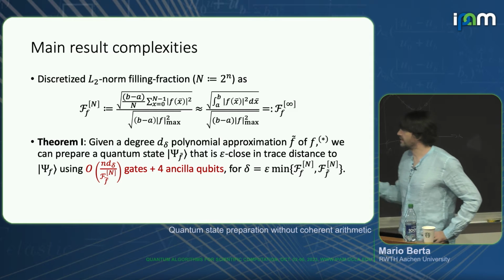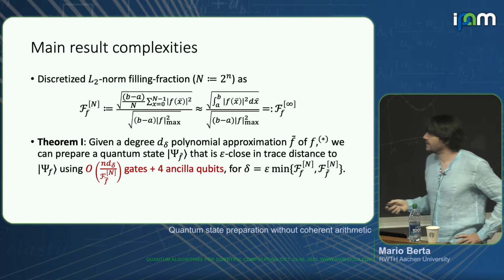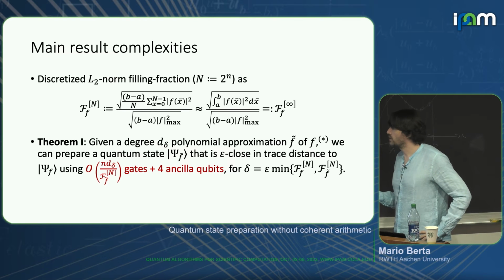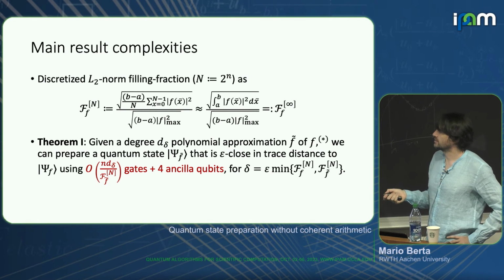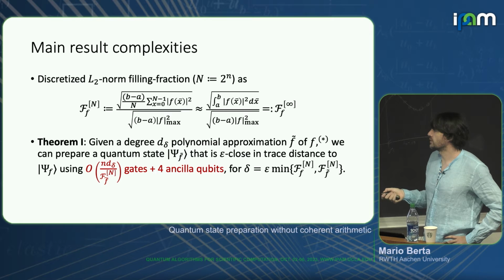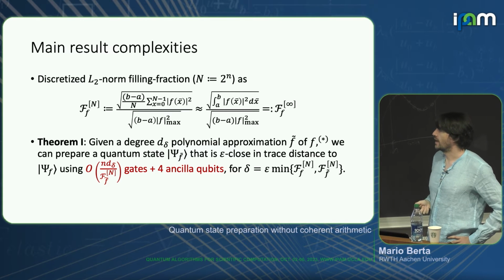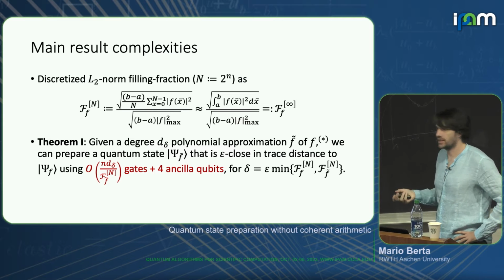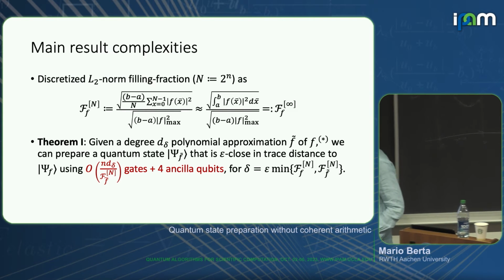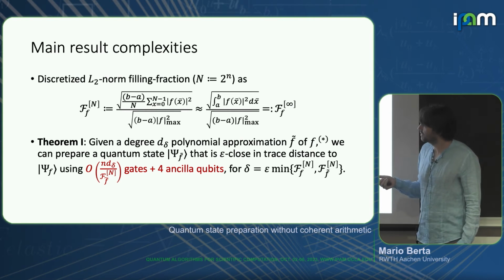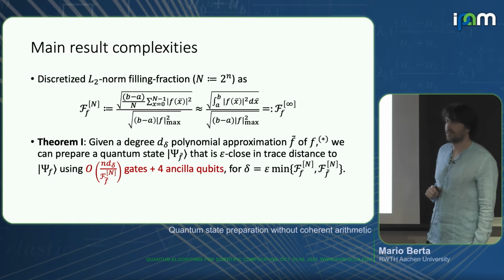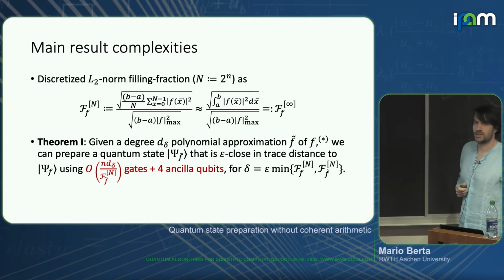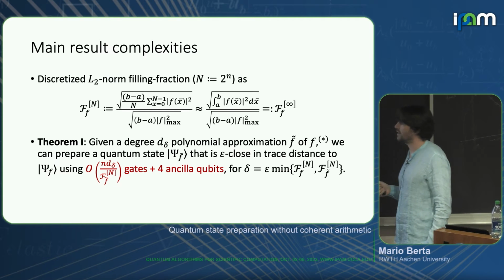Good. So the first theorem, which is the more complicated one, is that you now want a polynomial approximation, f tilde, of your original function f, that has a certain degree. Then you can prepare a state for this polynomial, that is the function f tilde, that is in trace distance close to the actual state that you want to prepare.